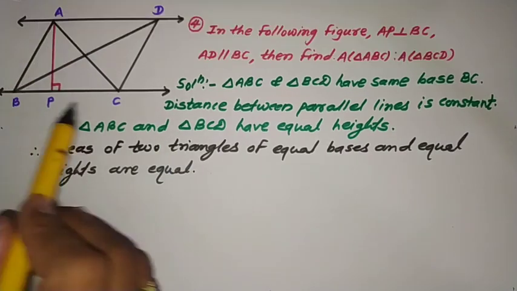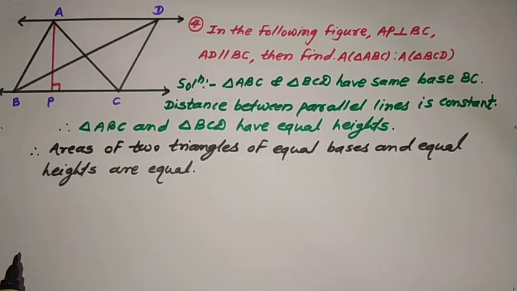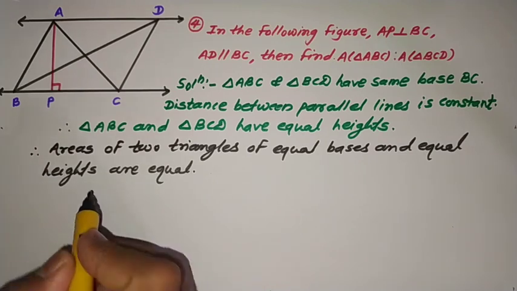Here the height and base of the two triangles are equal, therefore the areas of the two triangles are equal.